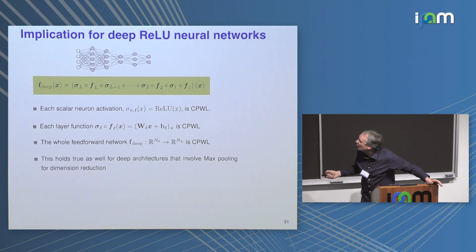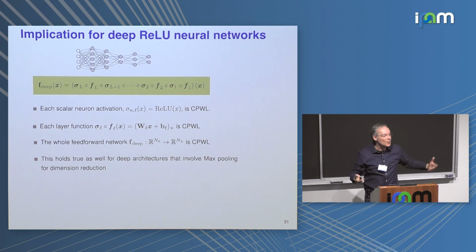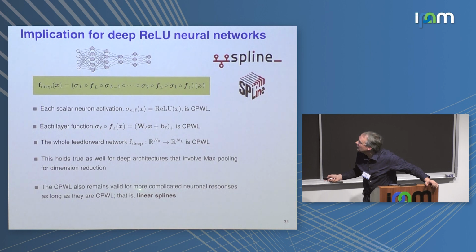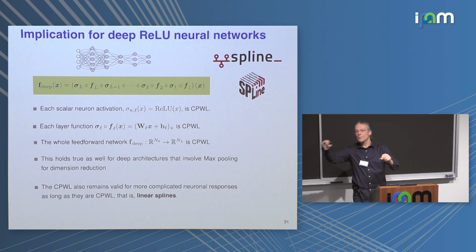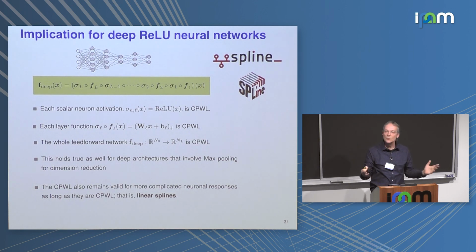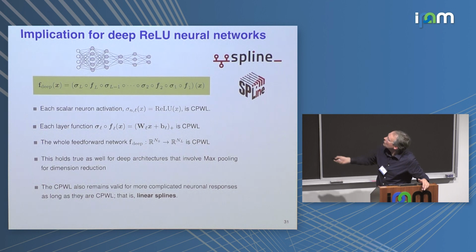This holds true also if you have max pooling or things like that. It doesn't destroy the property. And it actually also remains true if instead of a ReLU, you were doing something more complicated, but that's still continuous piecewise linear. So you get splines. I'm not making it up. A neural network actually generates a spline in very high dimension.